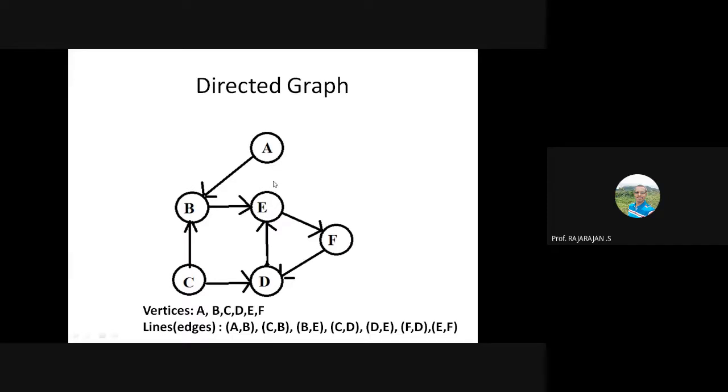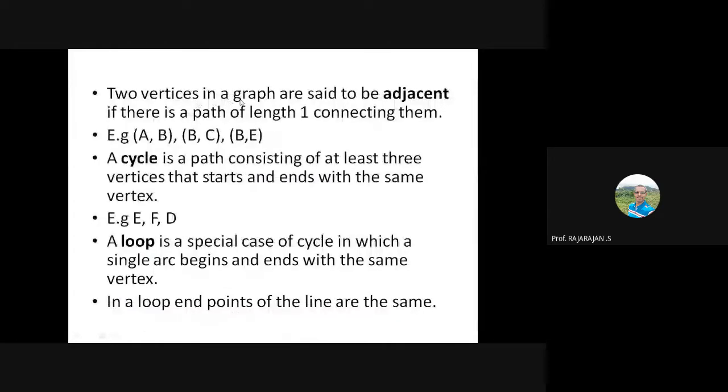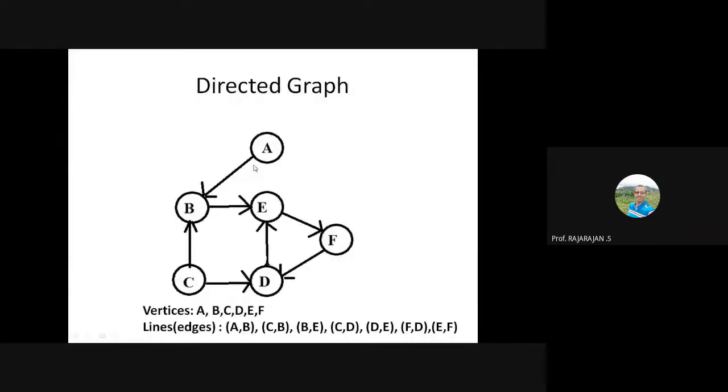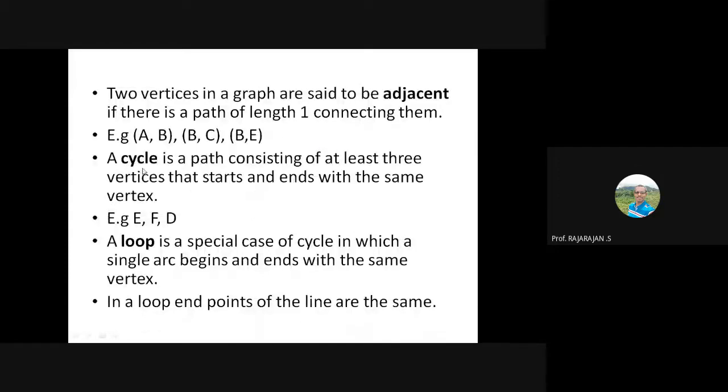So that is the meaning of adjacent. Two vertices in a graph are said to be adjacent if there is a path of length 1 connecting them. That is the case of adjacency.